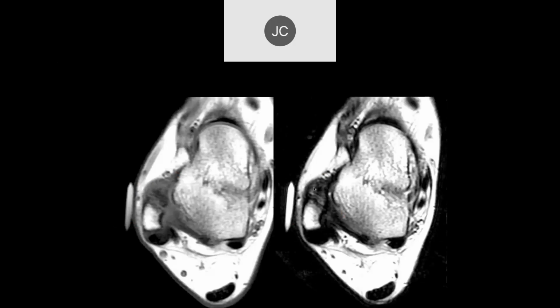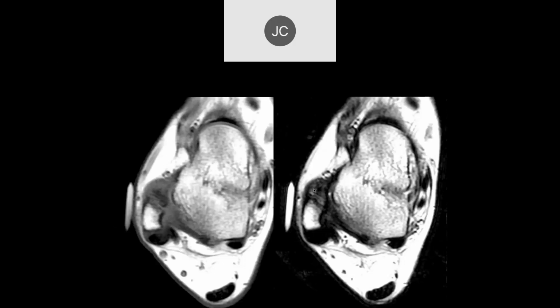If you go to the axial images, what do you see here? Again, fracture.